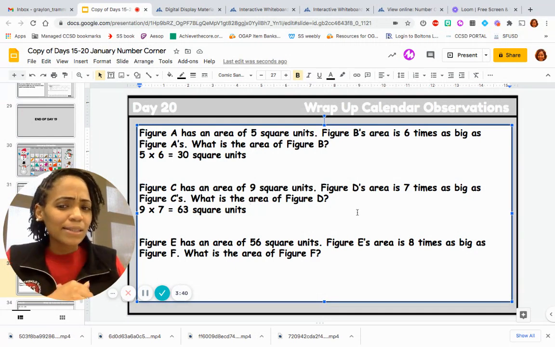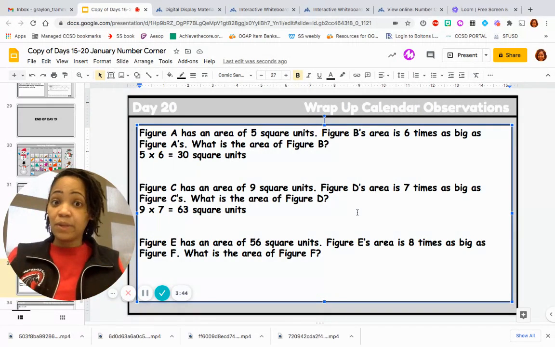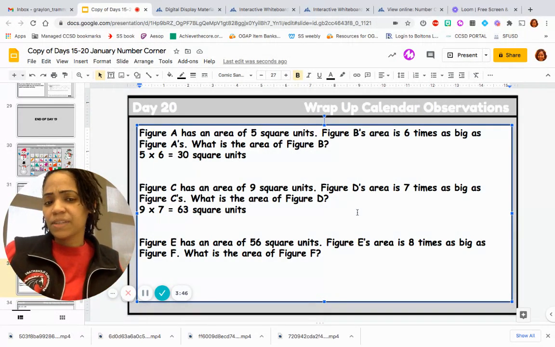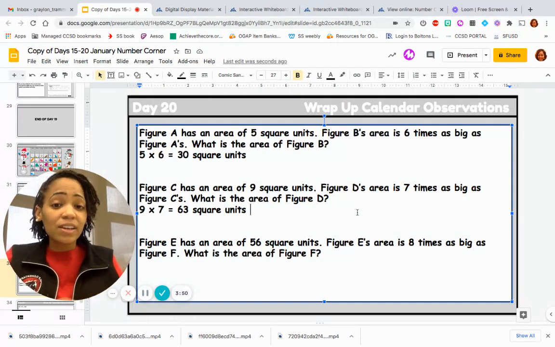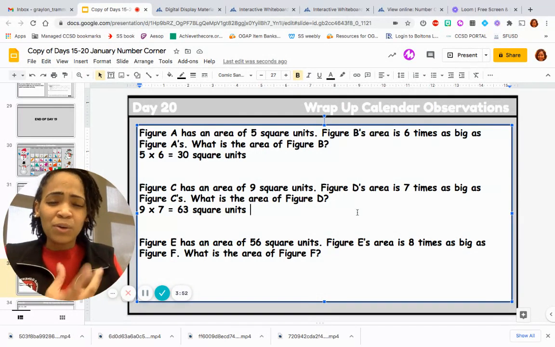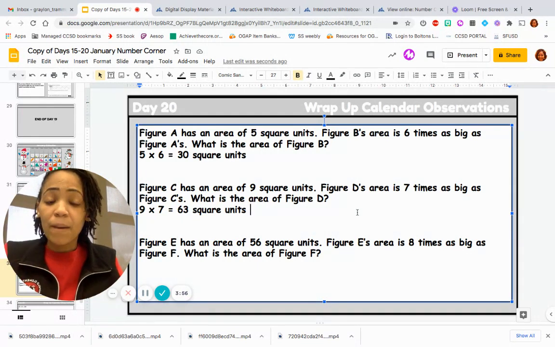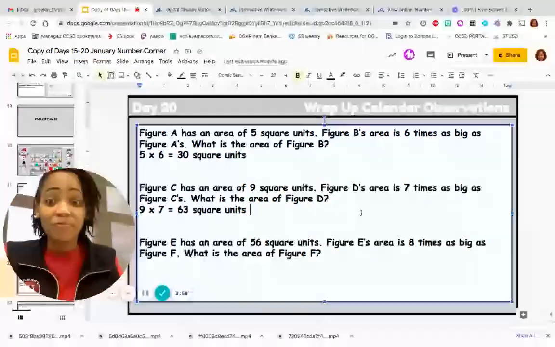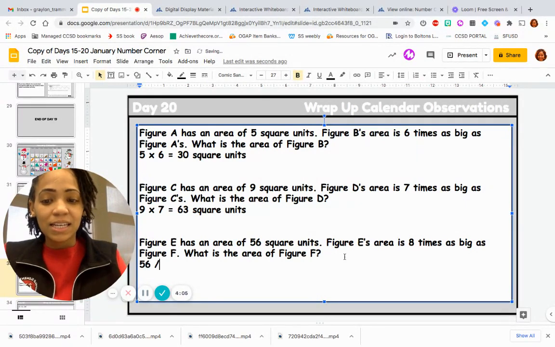But let's look at this last one. Figure E has an area of 56 square units. Now we know the area. We're not finding the area. And it says it is 8 times as big as figure F. What's the area of figure F? Well, if we know the area and we know a dimension, what are we doing? What operation? Division. So I would have to say that this is 56 divided by 8.